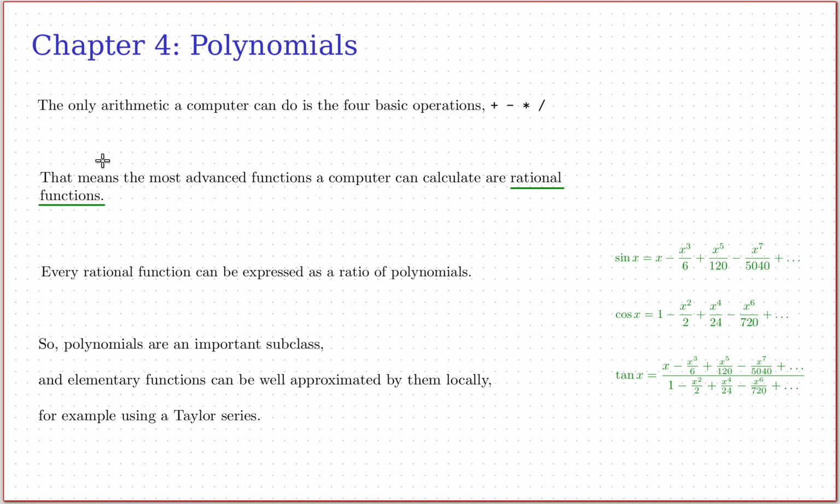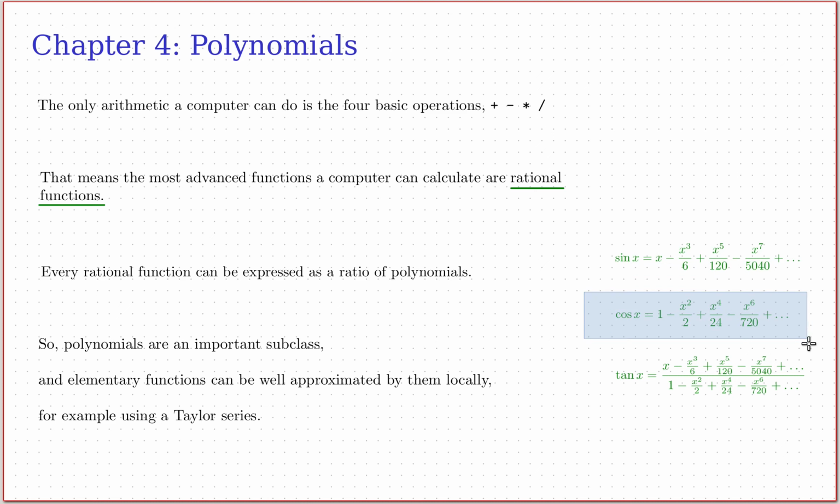They'll tell us almost everything about what you can compute on a computer and what functions you can approximate on a computer. We know from calculus, furthermore, that all the elementary functions are C infinity, and they have power series expansions, right? Taylor series expansions. So, for example, the sine function can be expressed as a Taylor series.